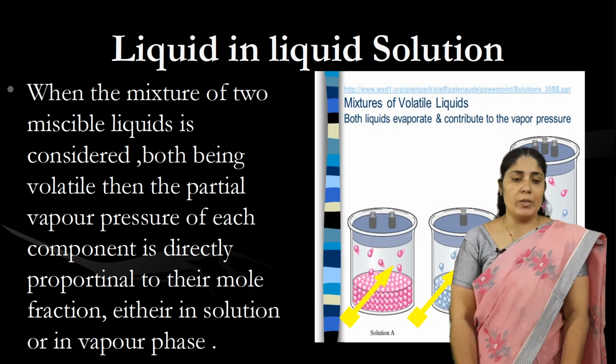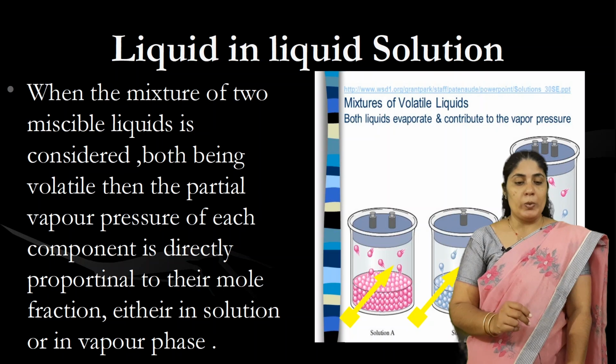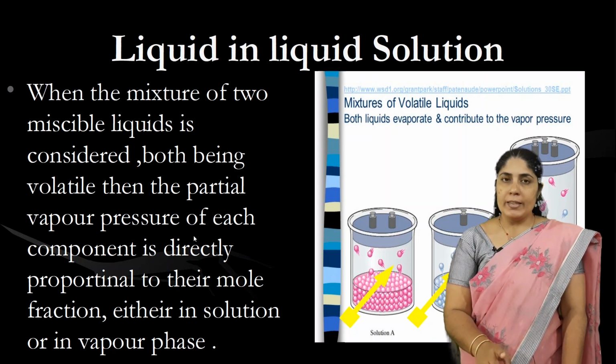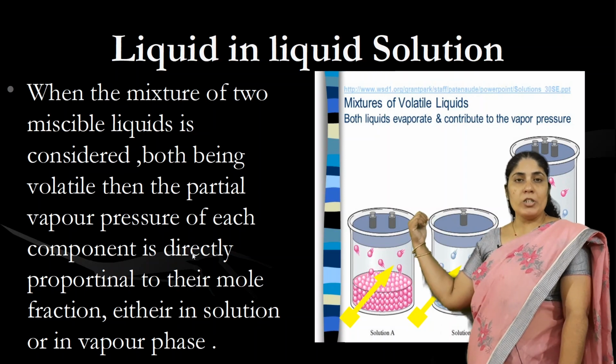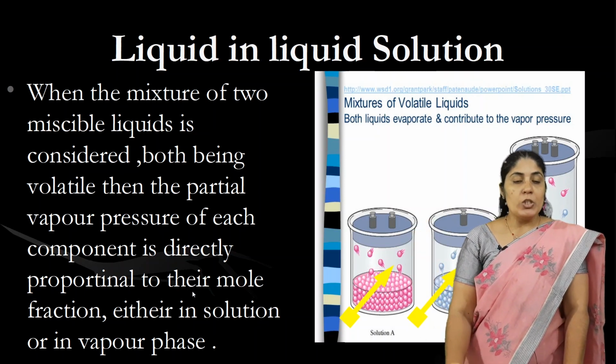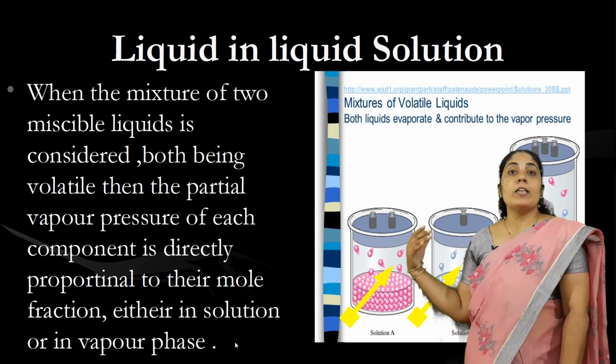So, in short, we can say that when a mixture of two miscible liquids is considered, both being volatile, then the partial pressure of the gas is directly proportional to its mole fraction. The mole fraction can either be in the solution or in the vapor state.